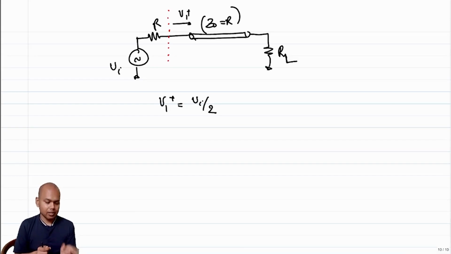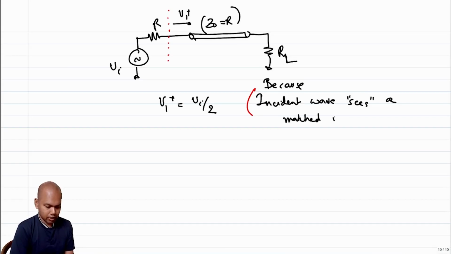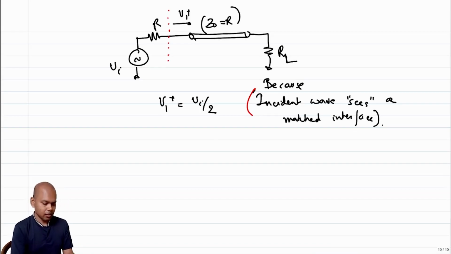Note that I should say forward going or incident wave, because the incident wave sees a matched interface, right?